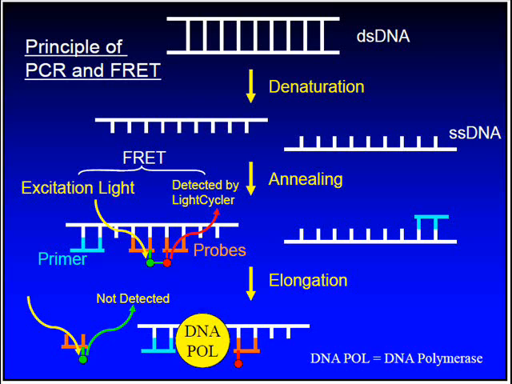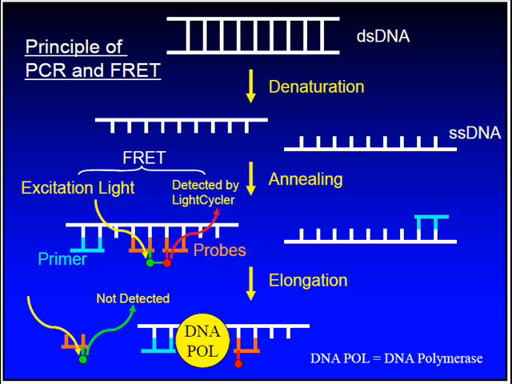The principle of fluorescence resonance energy transfer is the use of fluorescent labeled hybridization probes to monitor for amplified products between each thermal cycle. A pair of labeled probes hybridizes to the target segment. The pair of probes are separated by no more than 1 to 2 bases.